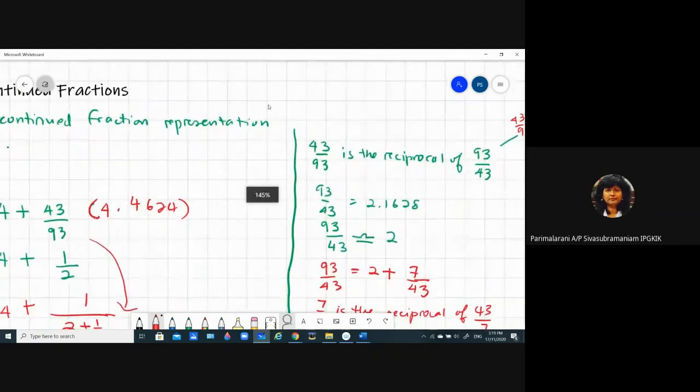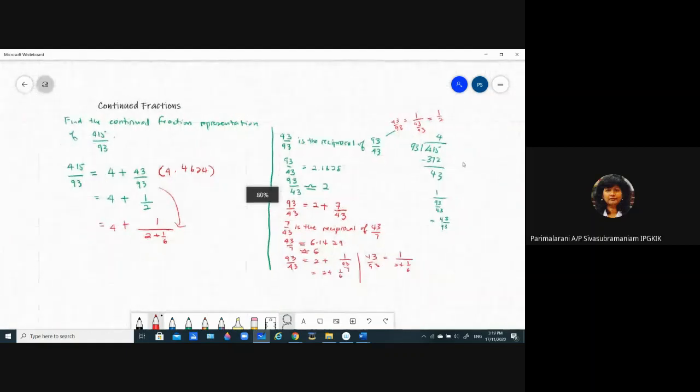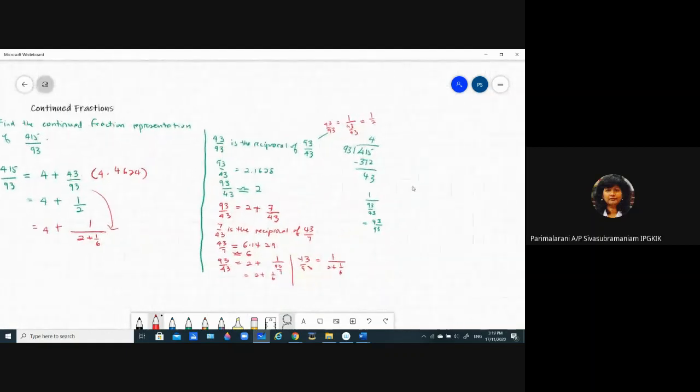I have to go a bit smaller here. So the last step: after this we have 43 over 7 equal to 6 plus 1 over 7.